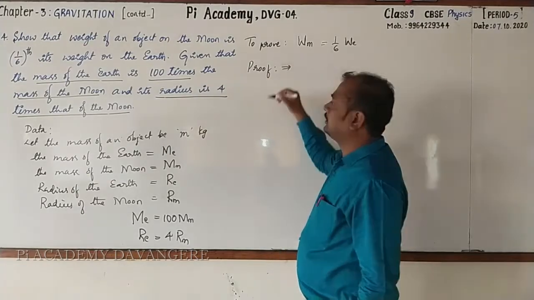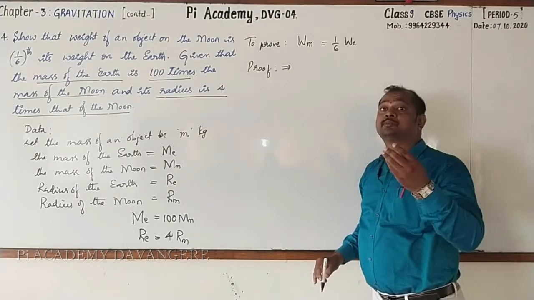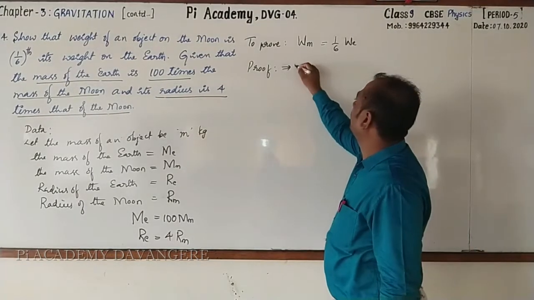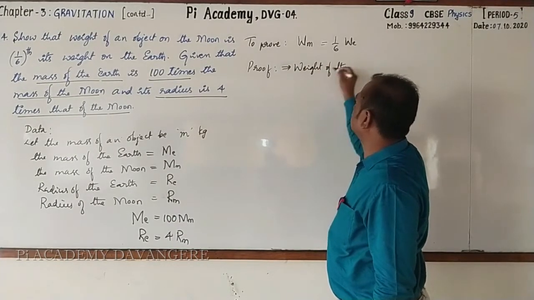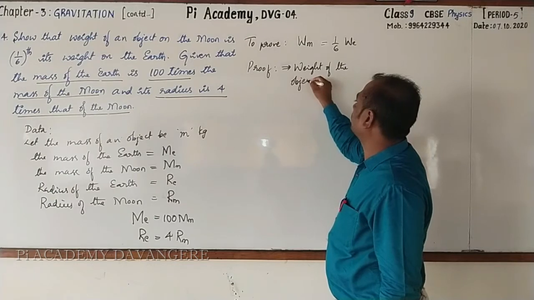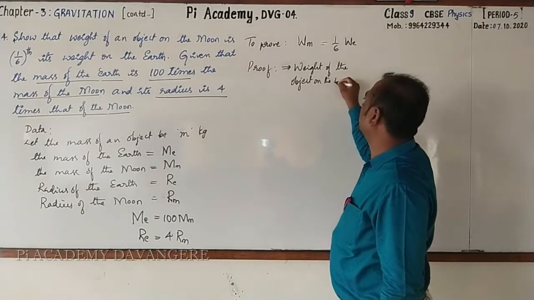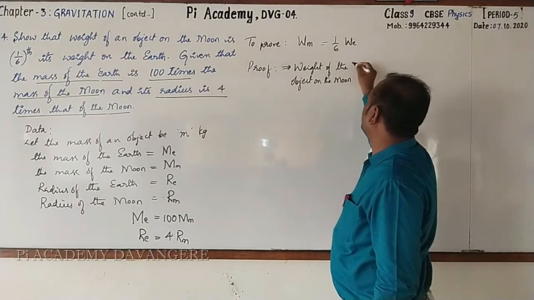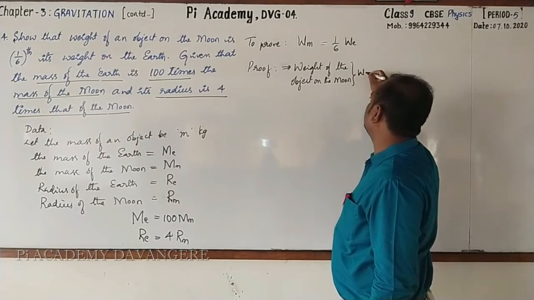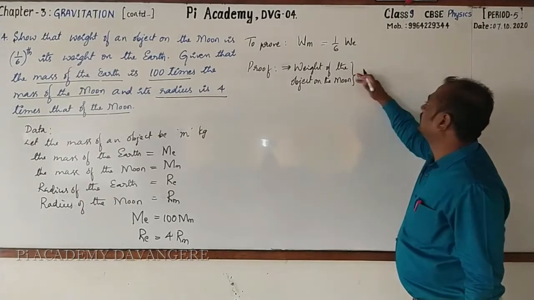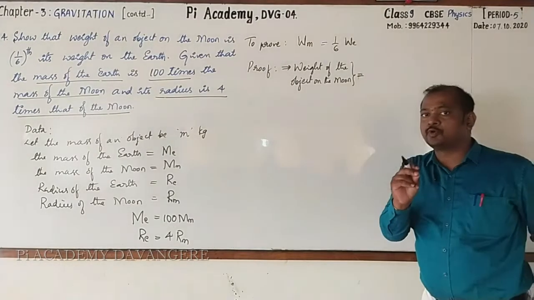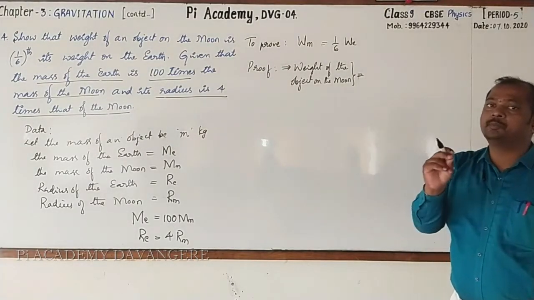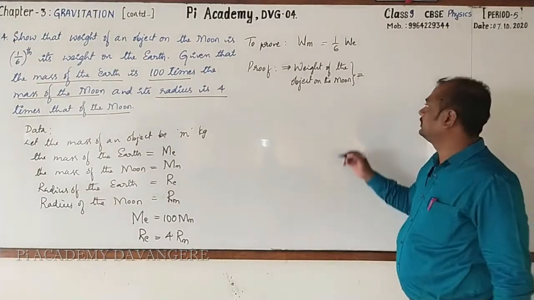First, let us go for taking weight of the object on the moon. Weight of the object on the moon, WM, is equal to the force exerted by the moon on the object, right?